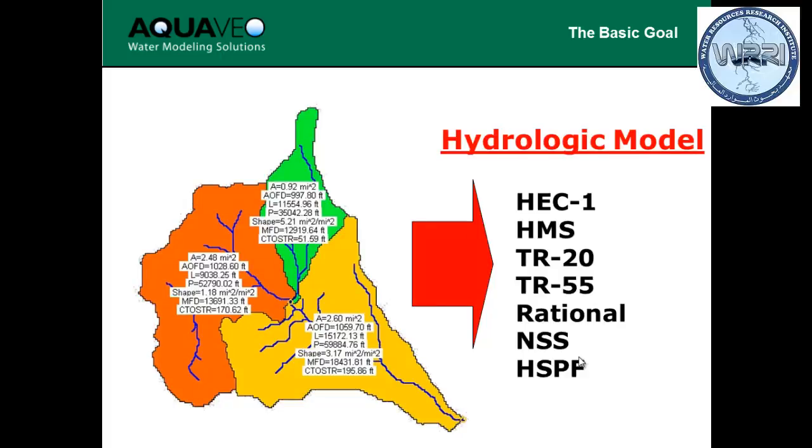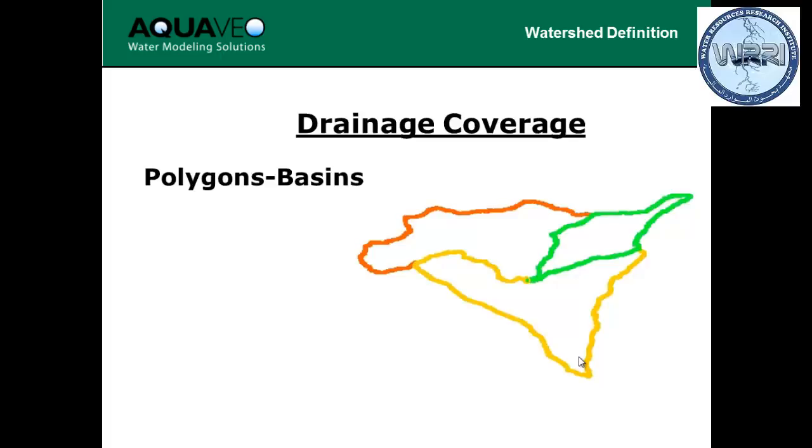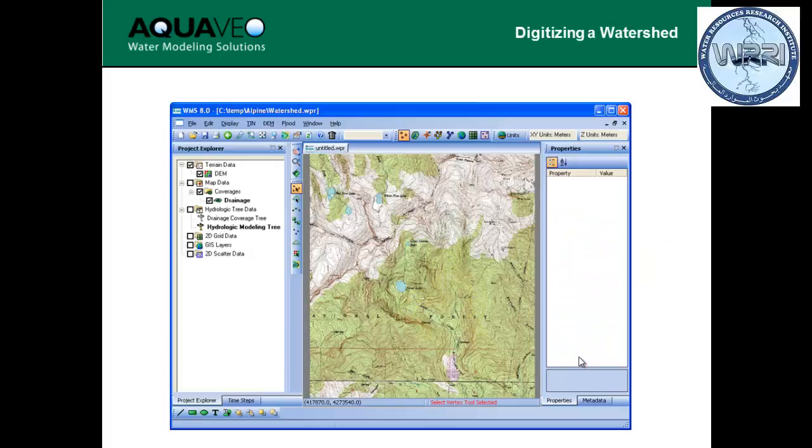I have to have everything connected correctly, and everything has to be set up correctly to do that. So the place that you're going to set up your watershed model is in a drainage coverage. And a drainage coverage has polygons that represent your basin boundaries, arcs represent your streams, and points are used for your outlets.